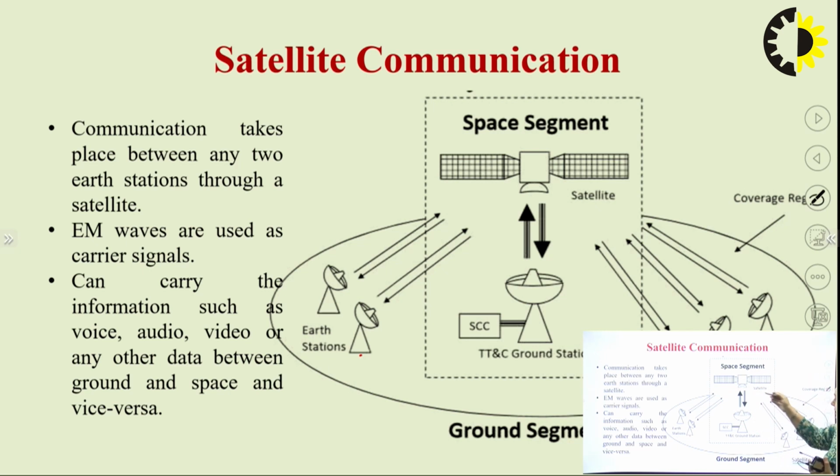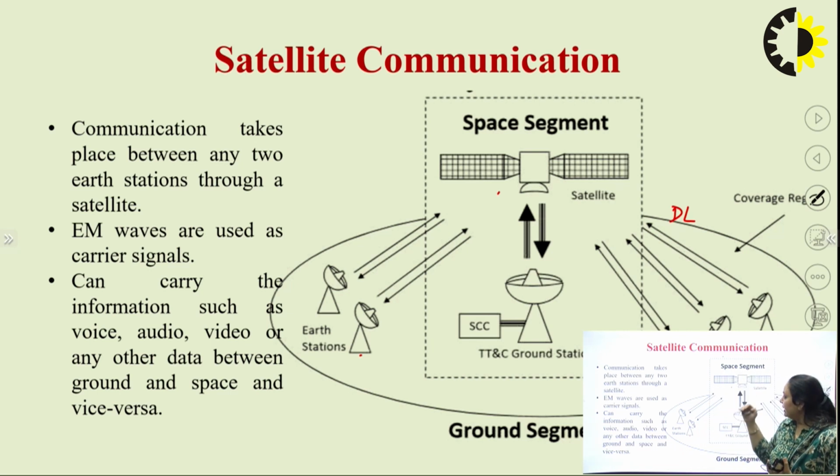Then the satellite will redirect the signal and send it downward to the second earth station. Earth Station 1, which is transmitting the information upwards to the satellite, is the uplink signal, and the satellite transmitting information downward is the downlink signal.